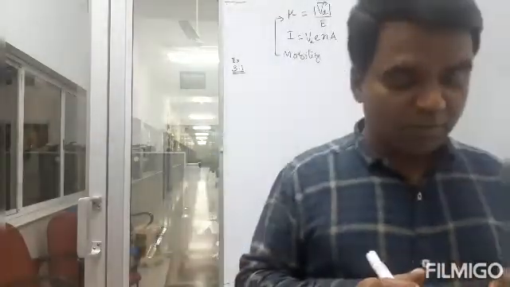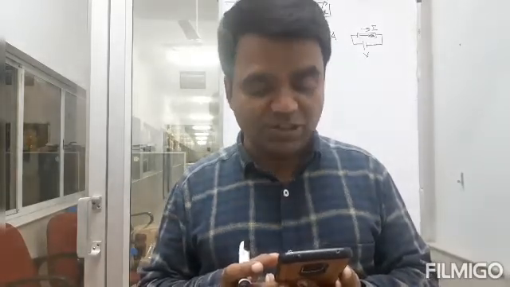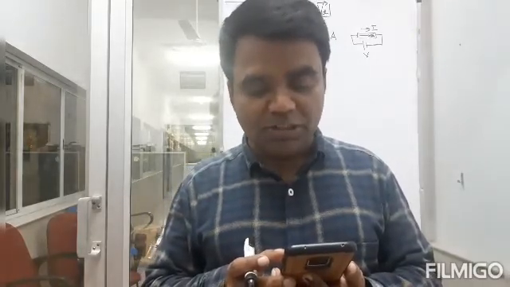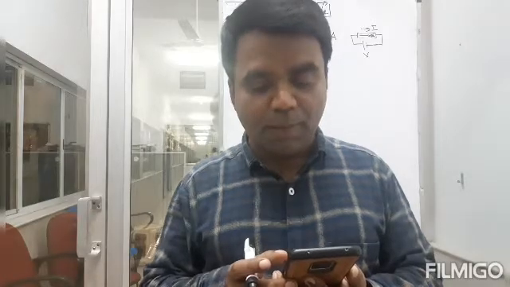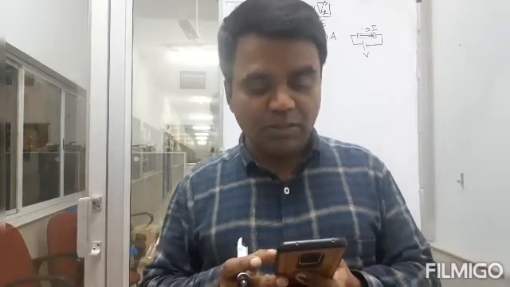Let me read the problem first. It has two parts. The first part A is this. Estimate the average drift speed of conduction electrons in a copper wire of cross-sectional area 1.0 × 10⁻⁷ meters squared, carrying a current of 1.5 amperes.